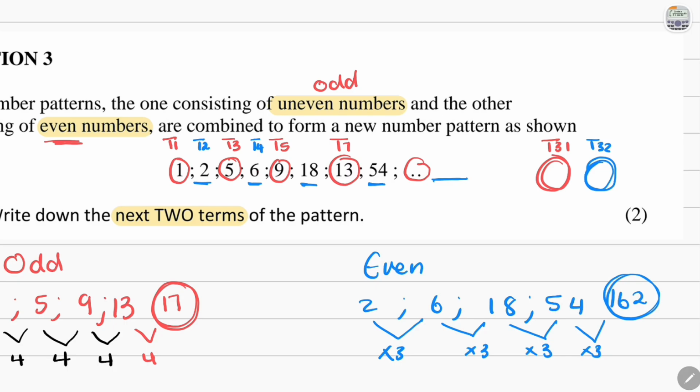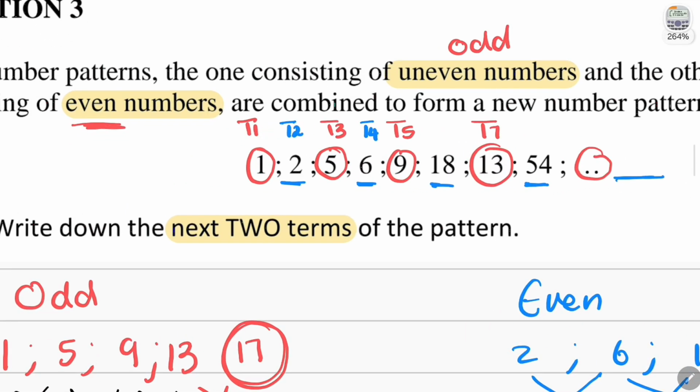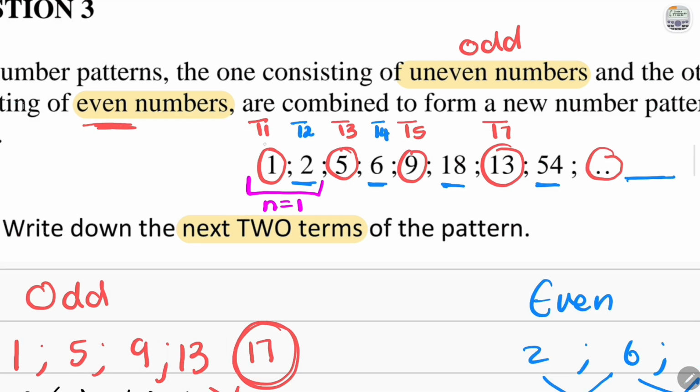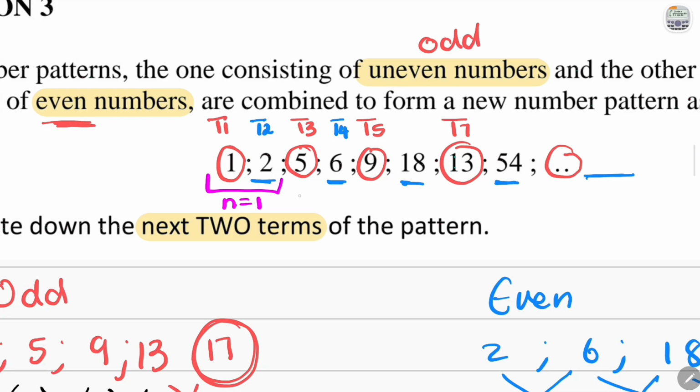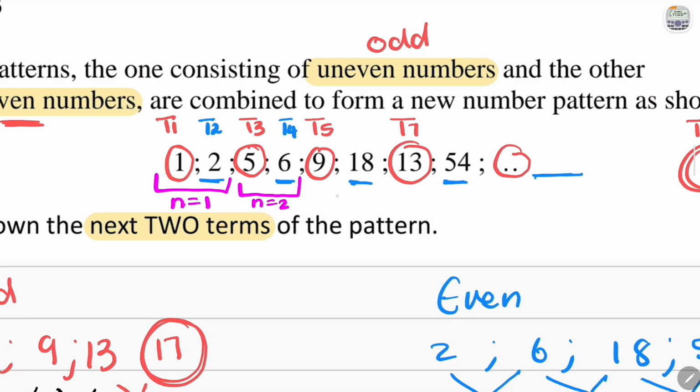Now we can look at them as groups. Term 1 and term 2 form term 1 of these patterns, term 1 in the odd pattern and term 1 in the even pattern. Then term 3 and term 4 form term 2 in the odd and the even pattern. Term 5 and term 6, that is term 3.